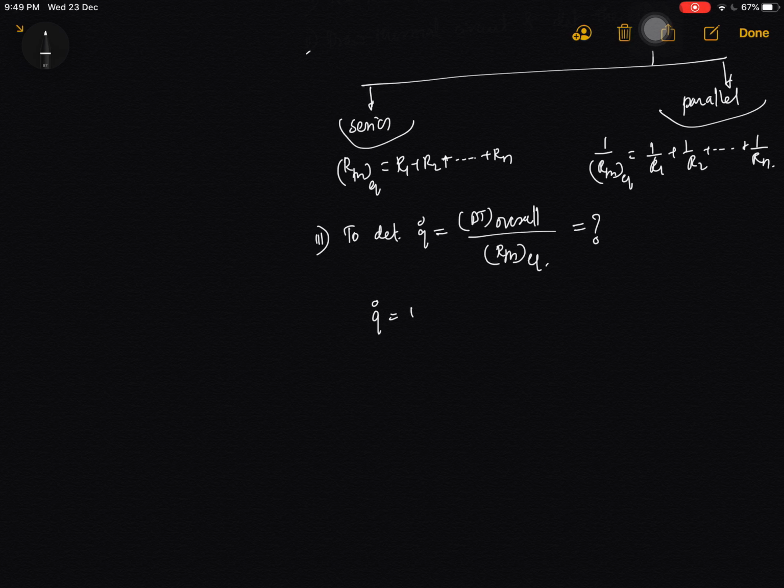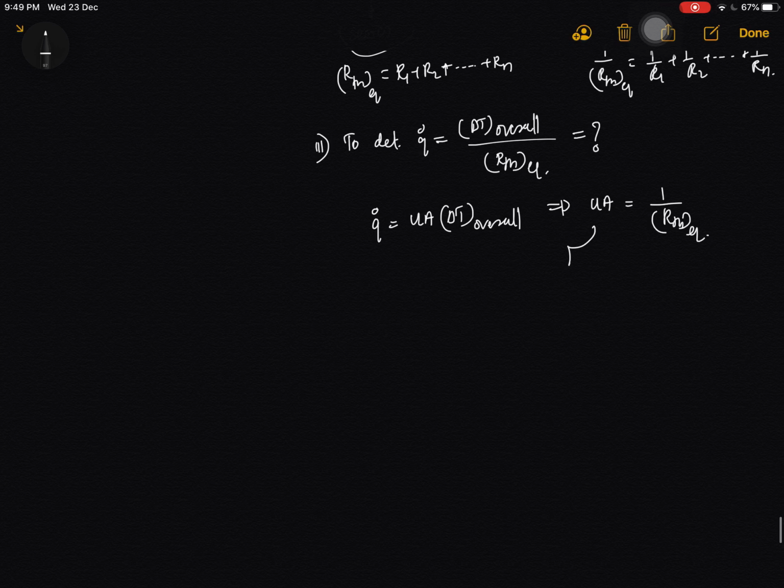Sometimes we can write the heat transfer rate as UA delta T overall. And if we compare this equation with the above equation, we find that UA is equal to 1 by RTH equivalent, and the U in this particular term is called the overall heat transfer coefficient.